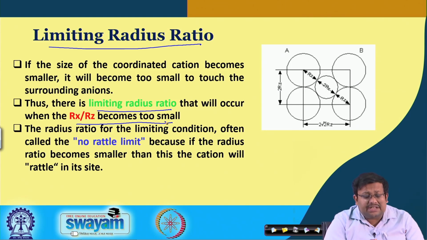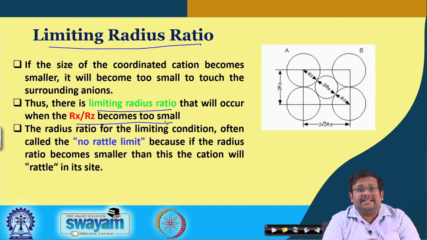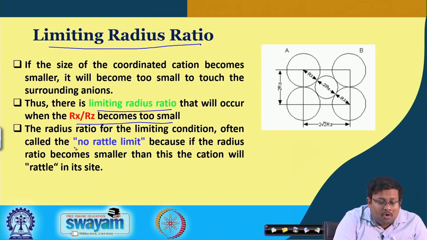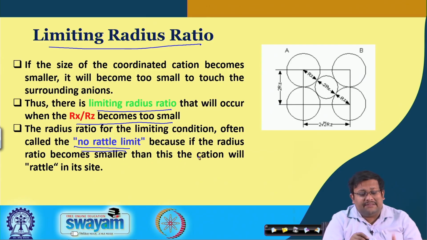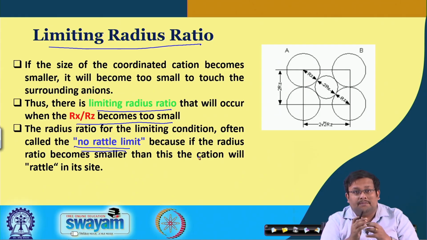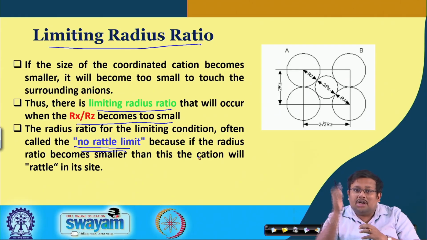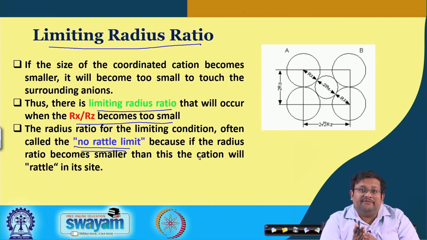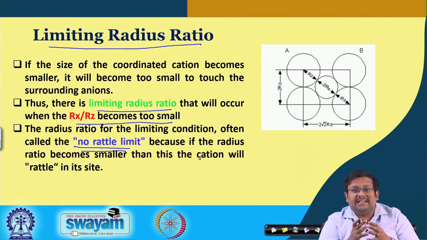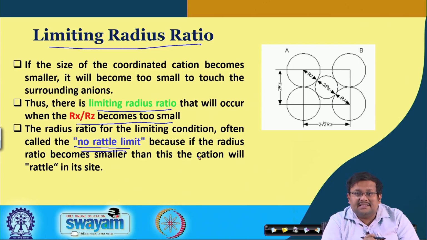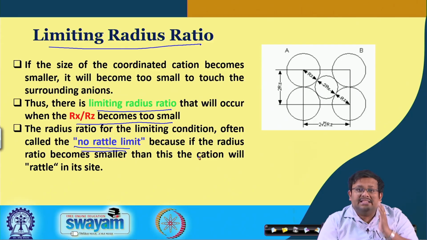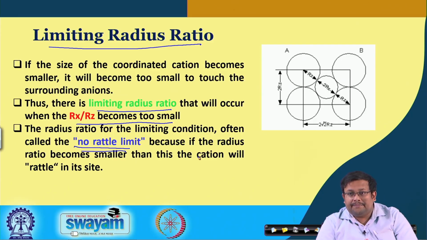This limiting condition is often called the no rattle limit, because if the radius ratio becomes smaller than that cutoff value, then the cation will rattle in its site. That is why there is a specific terminology called no rattle limit.